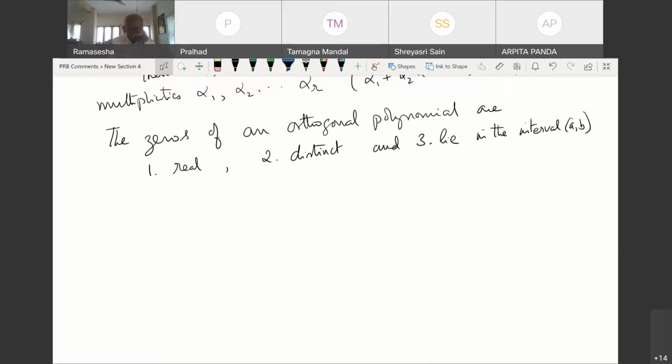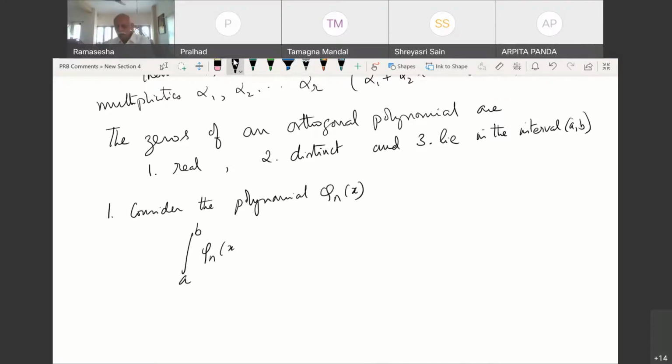So now I have to prove this. To prove that, first of all, consider the polynomial, then the quantity, with n greater than 1.